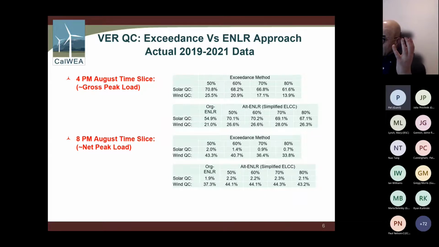ELCC is the best approach because it shows the real value of production. This approach also comes close to that because it focuses only on data samples where load is high and needs the capacity. And we decided to call it, why not, simplified ELCC?